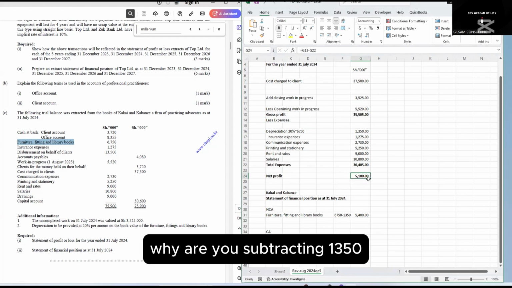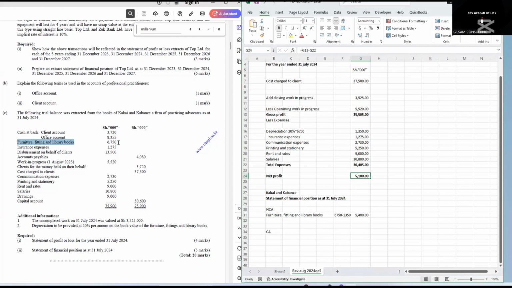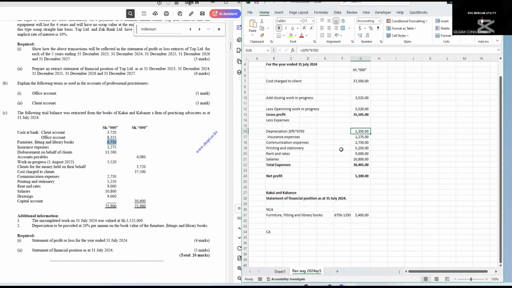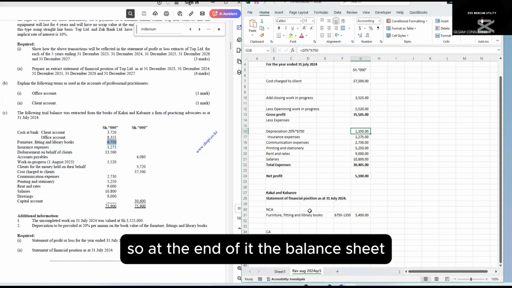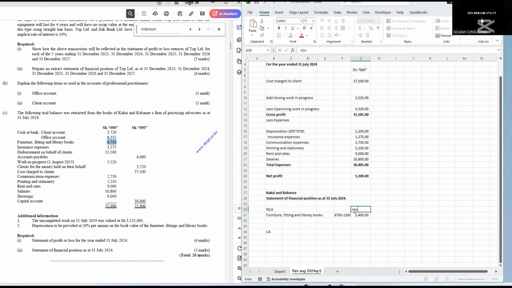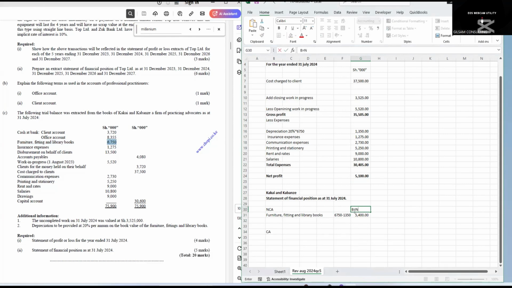Why are you subtracting 1350? This is the cost and this is the depreciation. So at the end of it, in the balance sheet, we normally report at the net book value.